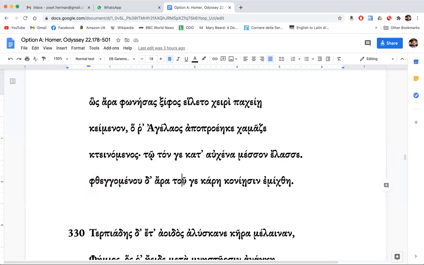So literally with him speaking, in other words, while he was still speaking, his head, kara, which means the same as kras, okay, his head, like caput in Latin, his head was mixed or mingled, emichthe, aorist passive, was mingled with the dust, koniesin, which is the dative case.